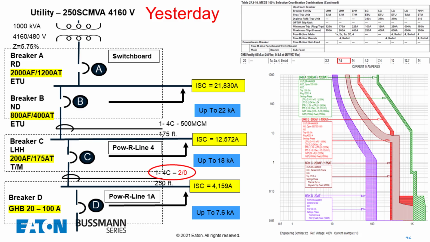And then we've got a brown type breaker, which is the 100 or 200 amp frame, 175 amp breaker. We can see that those two are selectively coordinated based on the time current curve, so they meet the standard for the National Electrical Code.